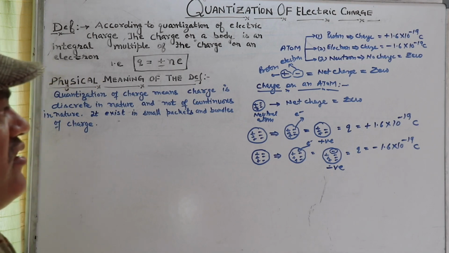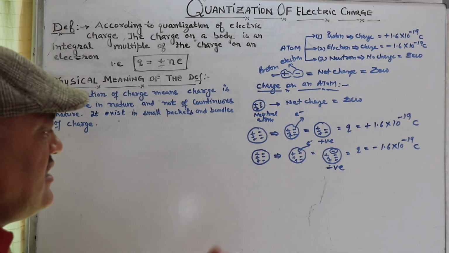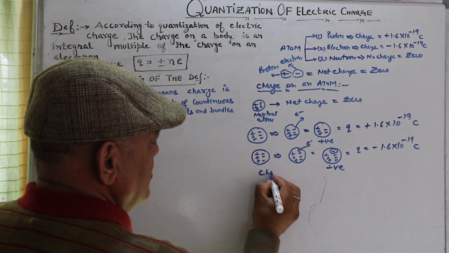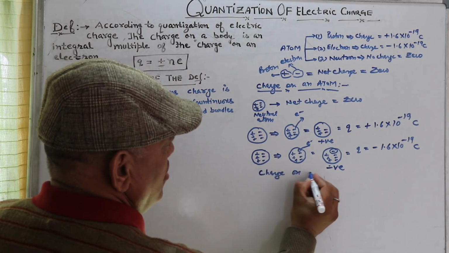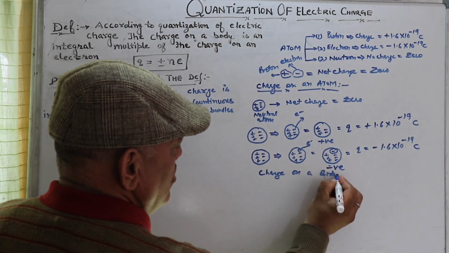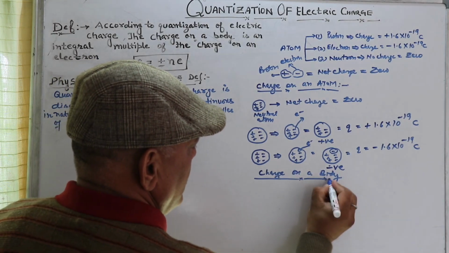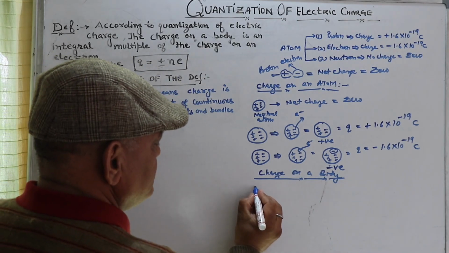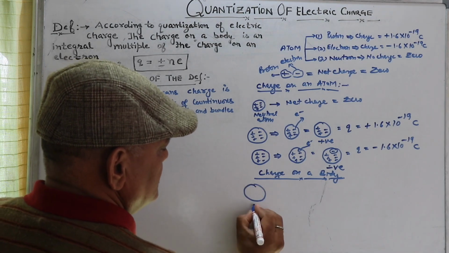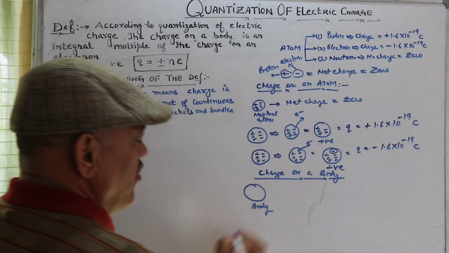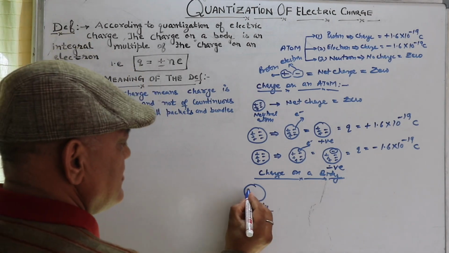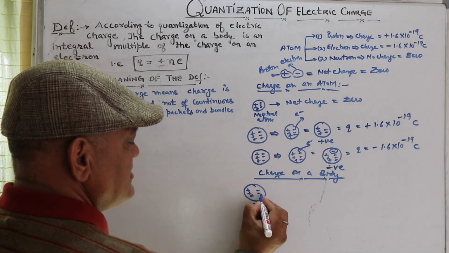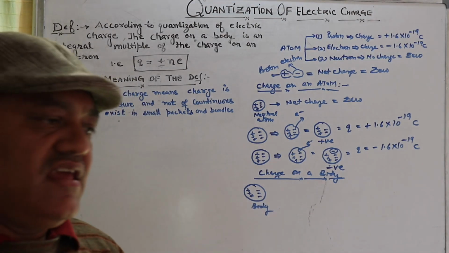Now we will discuss the charge on a body. Now let us consider a body. This is a body which has 3 protons and 3 electrons.